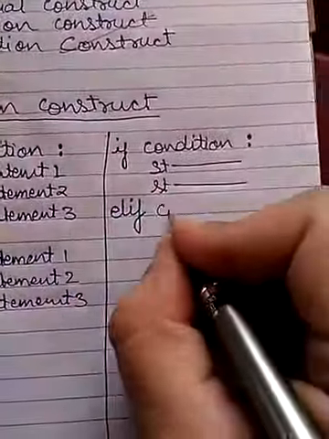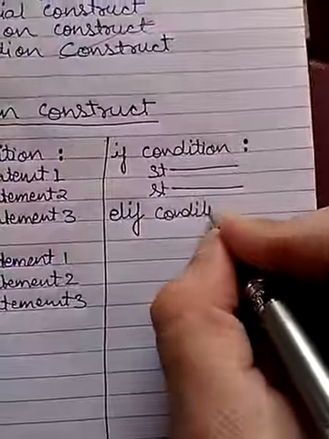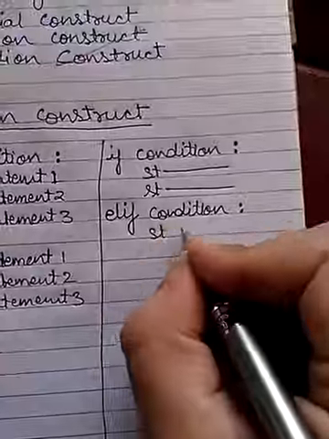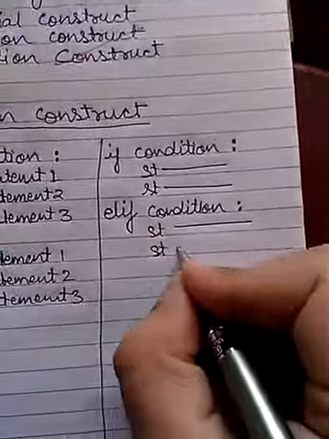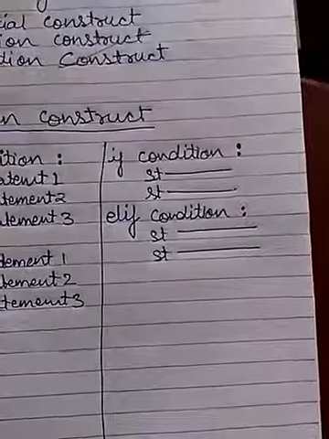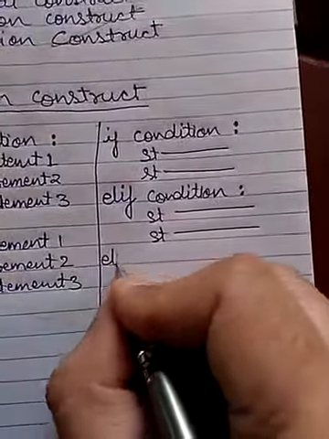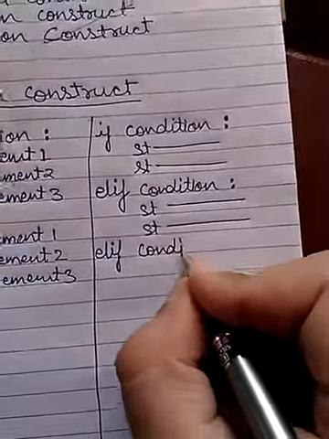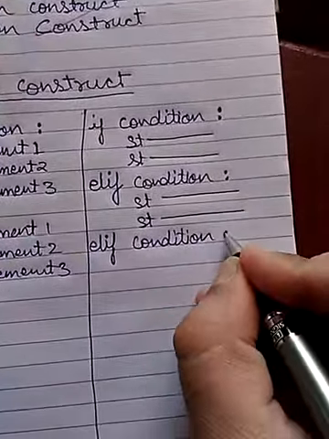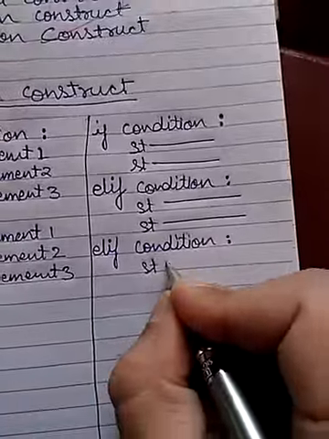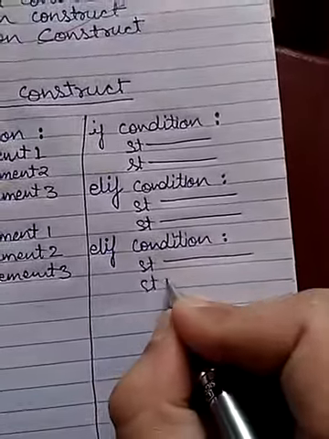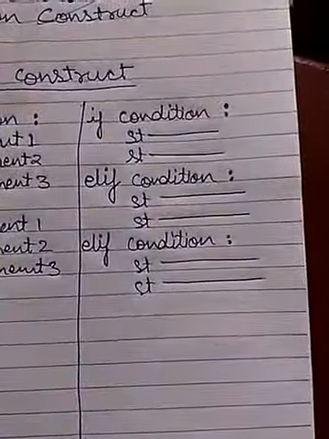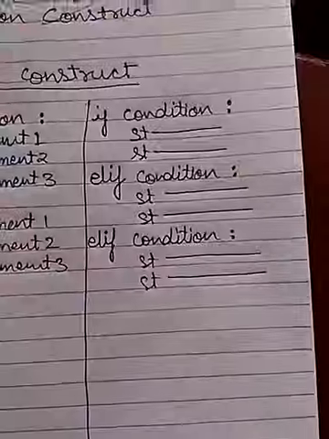Elif is used to write the condition, then colon, again statement you can write here. In the same way you can continue the condition, colon, statement. In the same way you can continue the condition according to the requirement of the question.